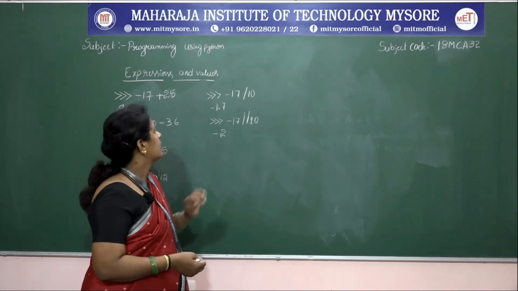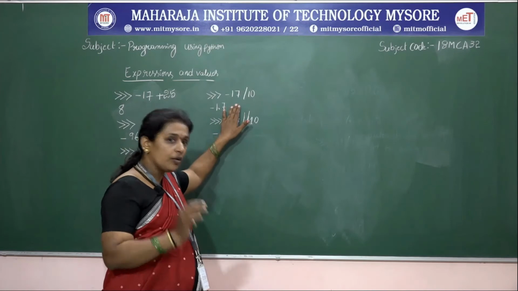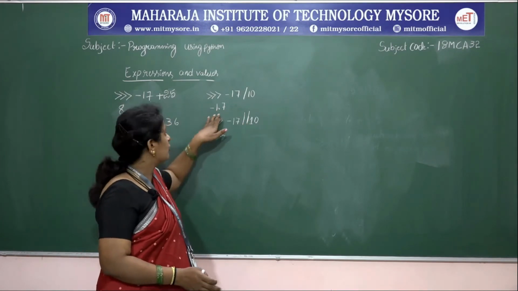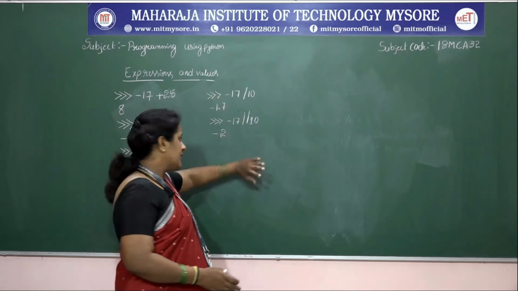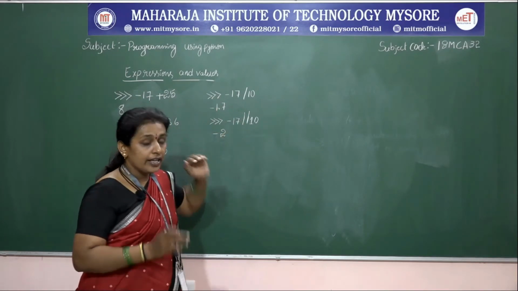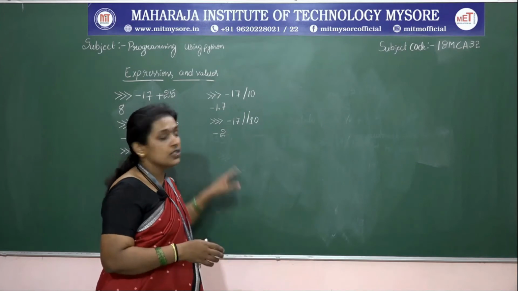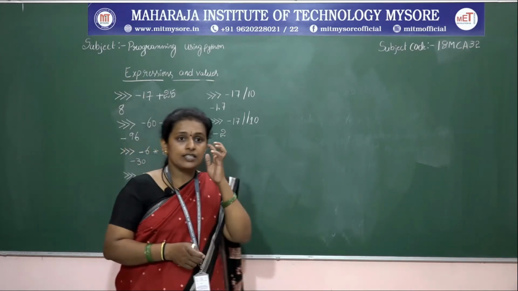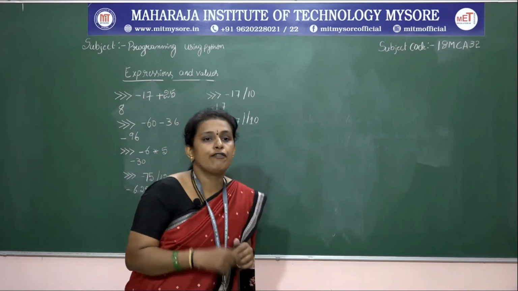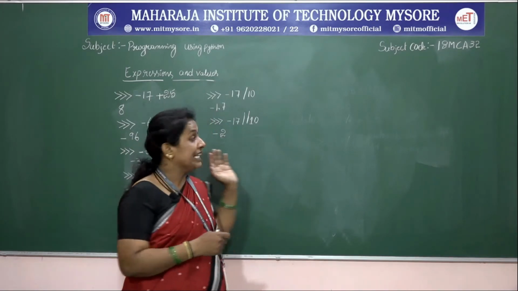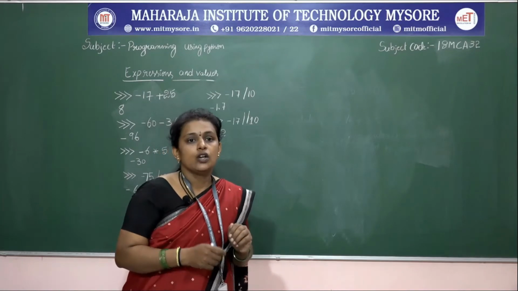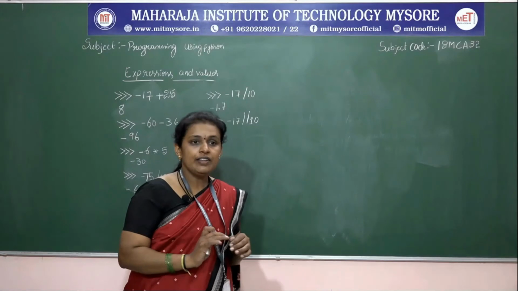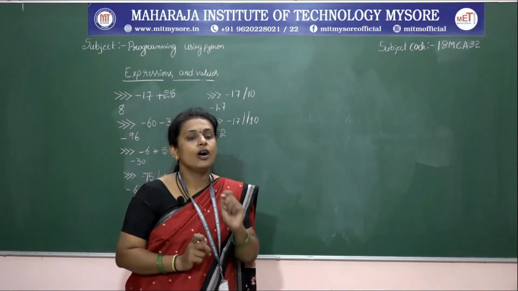With normal division, you get the exact answer, minus 1.7. When you consider integer division, you will get the answer as minus 2, because Python takes the floor value of the result of an integer division, so it will round off to the smaller value, and the same thing applies to the modulus operator.